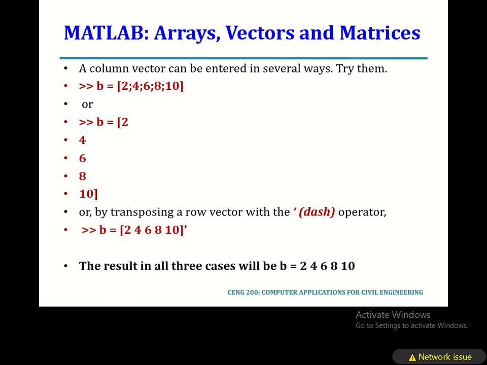So to assign different rows, we have 3 options: use a semicolon, use enter, or use the transpose. Transpose will make all horizontal become vertical and vice versa, so you have to be careful with this.